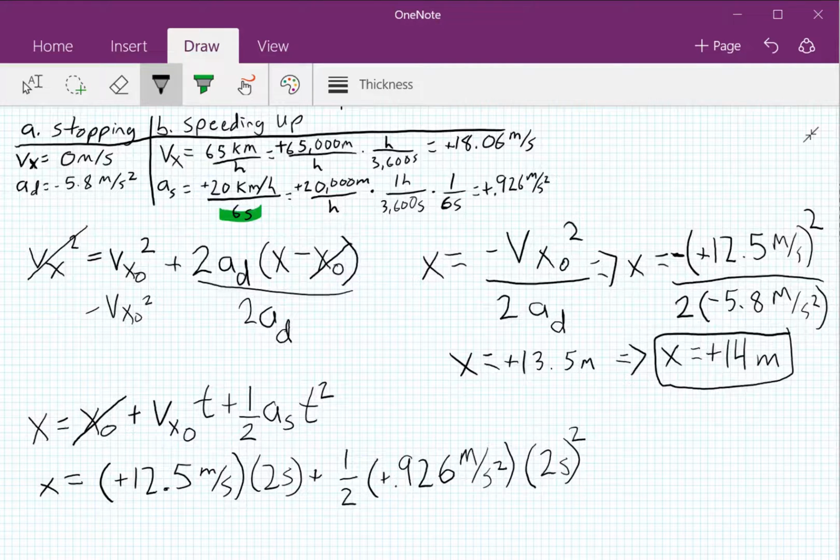Now, at this point, you might be wondering, why do we use the 12.5 meters per second and not the 18.06 meters per second that we said for the final velocity? Now, the trick to that final velocity that they're giving us, it takes 6 seconds just to get to that point. So we know it's not going to get to that velocity before the light turns red.